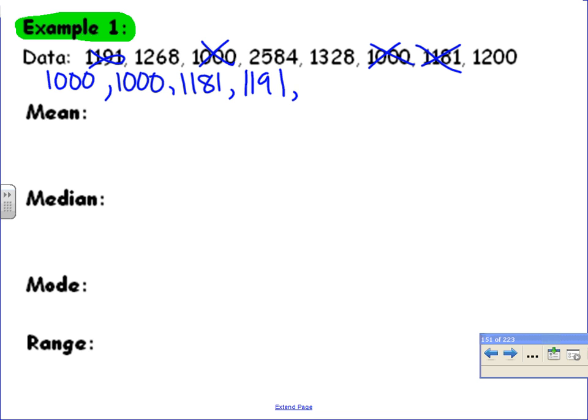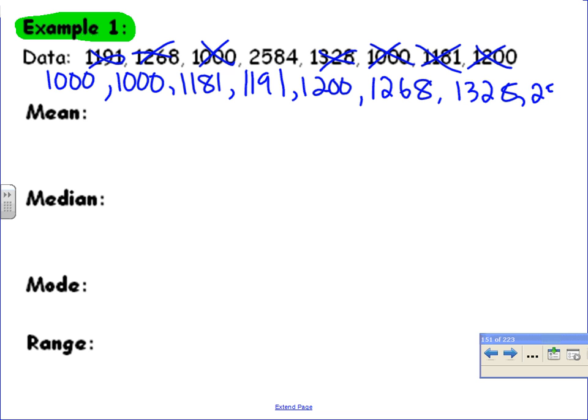Next one is 1,200. Next one is 1,268. Next one is 1,328. And then the last one is 2,584. So make sure they are in order from least to greatest. It'll save you some time and some frustration.